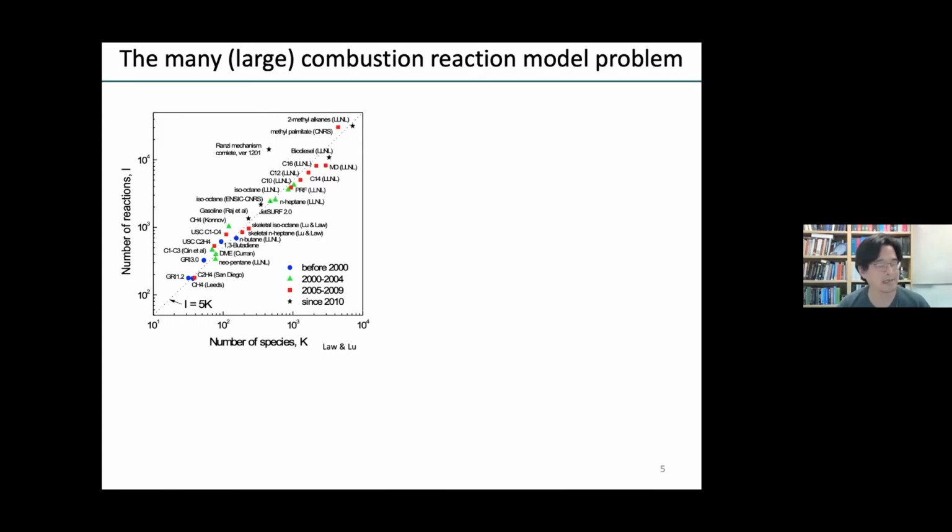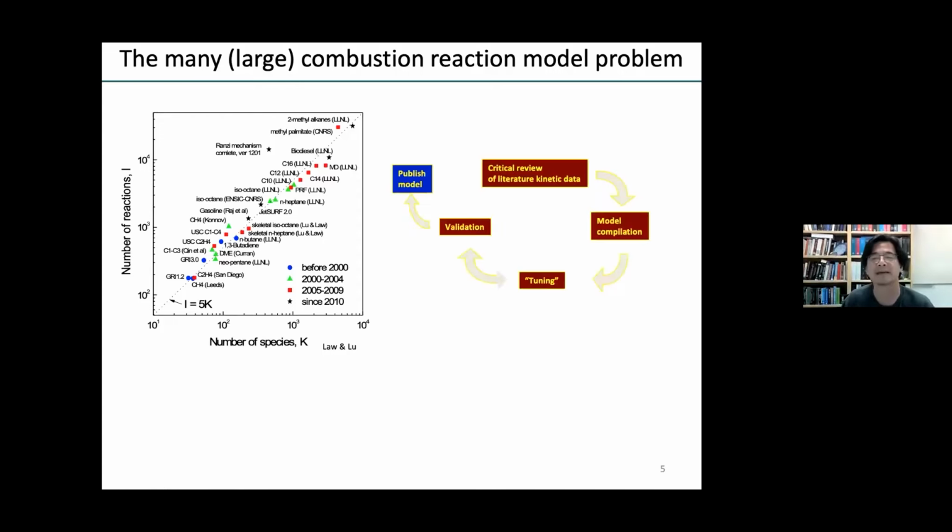You then try to reduce them to a smaller set, hopefully it will fit into your CFD simulation. Can we do even better than that? Do we really need that many chemical species or chemical reactions to describe fuel combustion? This is the question I want to address today.